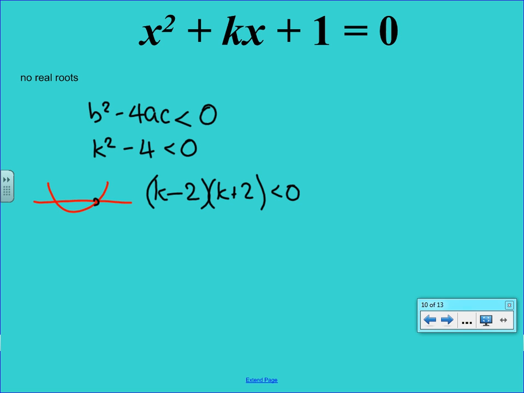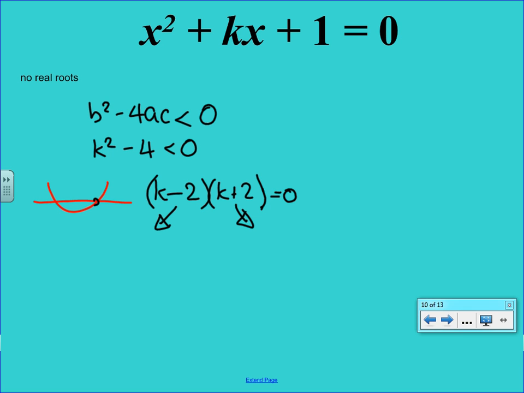Yeah, that's better. So the roots. K minus 2 less than 0, or k plus 2. Well, technically it'd be equal at this point, wouldn't it? Yeah, you can't really. Where you've got a quadratic, I know it's tempting to do that, because where you've got a quadratic equals 0, either this one is 0 or this one is 0. That only works with equaling 0.